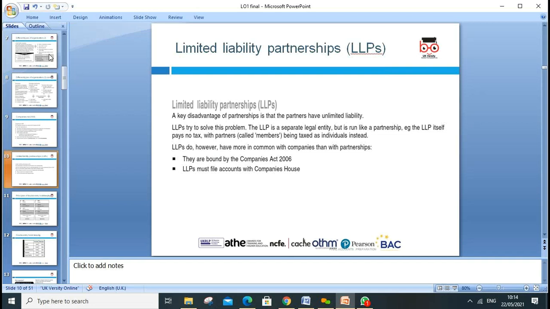And there are many standards. A limited liability partnership: we can start as a partnership, then register at Companies House as an LLP, especially accounting firms and solicitor firms, which are normally LLP partners. So that's what we can register.